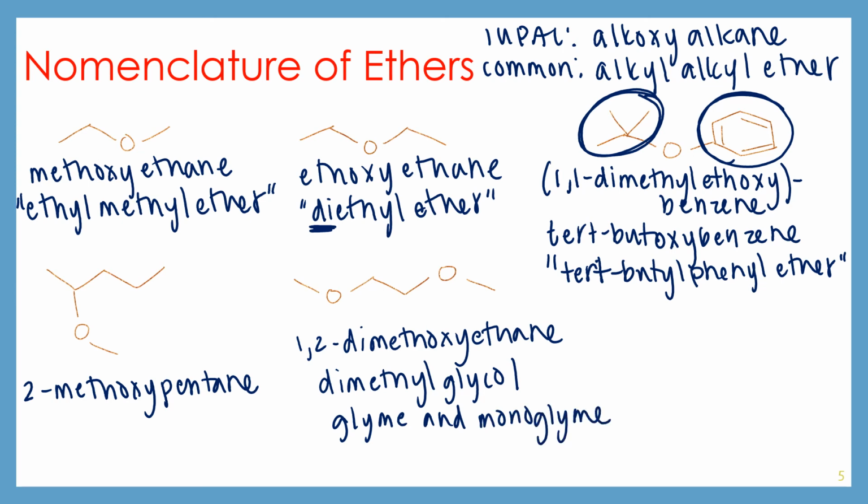So sometimes you might see the word glyme being used, and it's really just saying that this is present typically as a solvent, as an inert ether solvent. So something that's polar but doesn't have protons that can hydrogen bond. So just kind of interesting and good to know, because I do believe I've seen that on the homework once or twice.